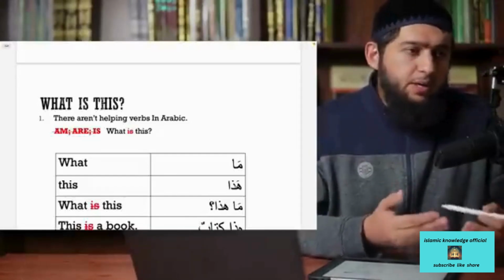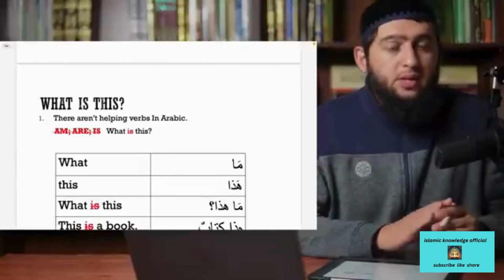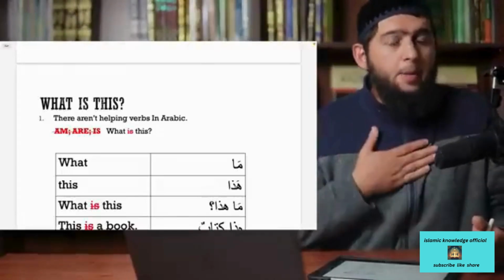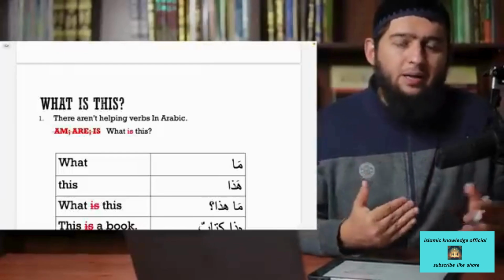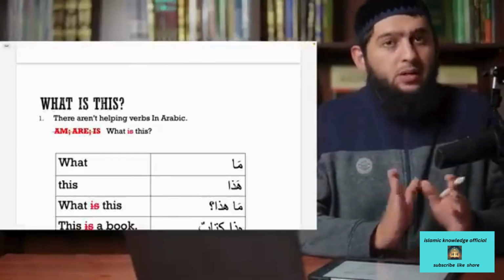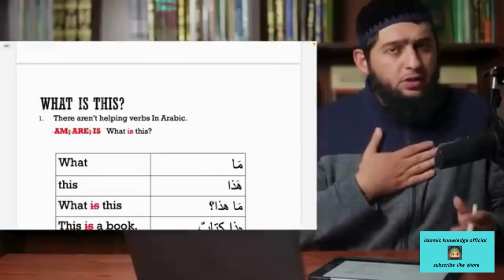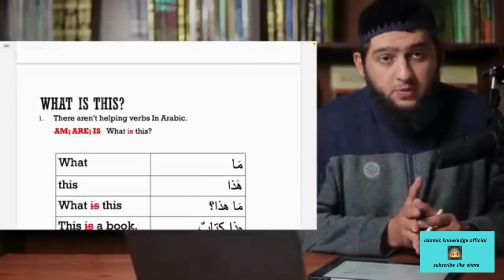My father is old: my father old, without helping verbs. And when you want to say I'm a teacher, you will say I teacher, without am. By the way, in my Chechen language and in Russian we don't have helping verbs as well.